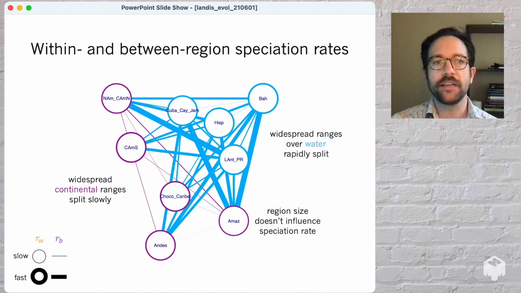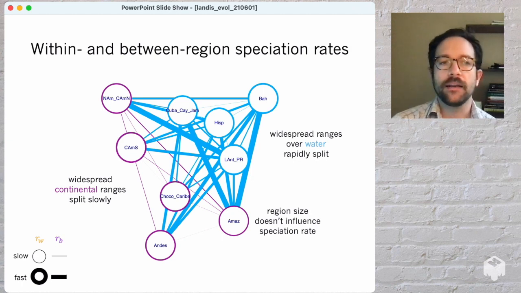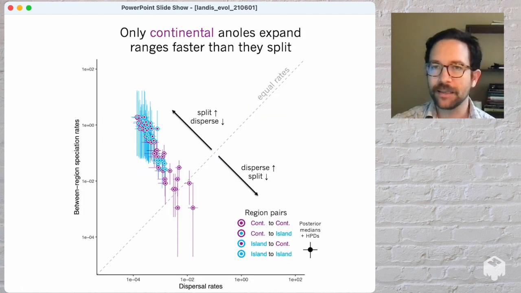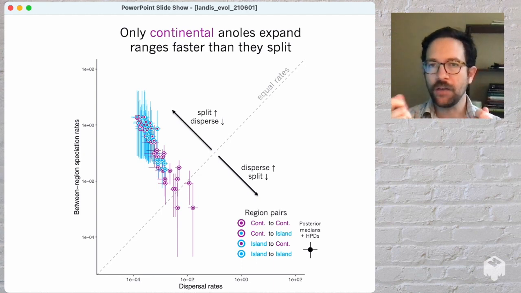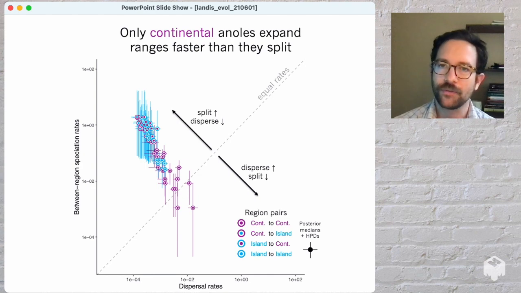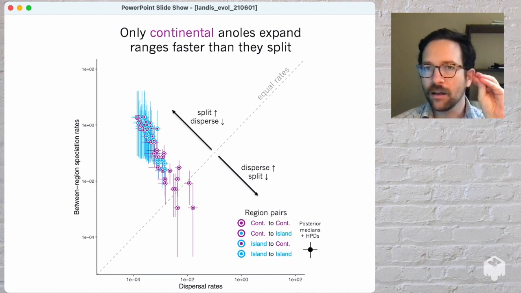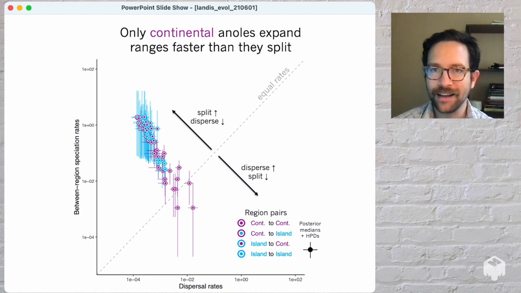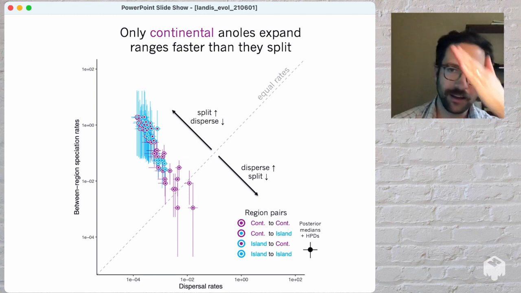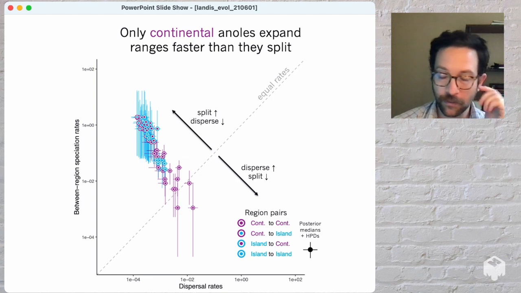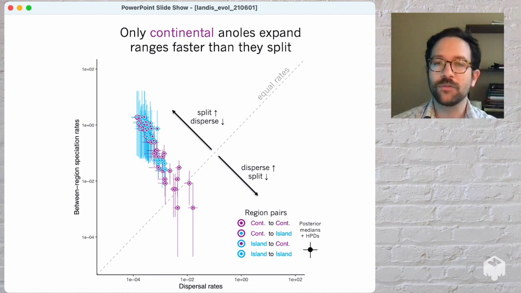For within region speciation on nodes and between region speciation on edges, widespread continental ranges split slowly, but widespread ranges over water split rapidly. And region size doesn't seem to influence speciation rate. If we then took these dispersal rates and plotted them against our between region speciation rates on the x and y axes respectively, we find that any pair of regions that involves an island is above an intercept 0, slope 1 line where rates would be equal.